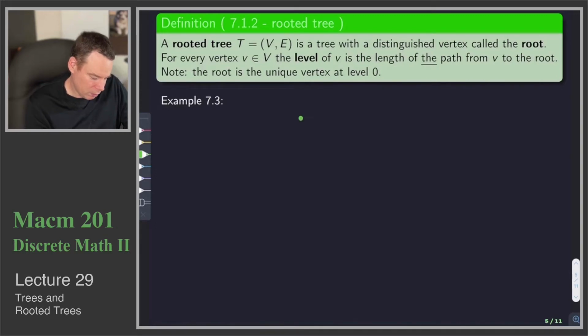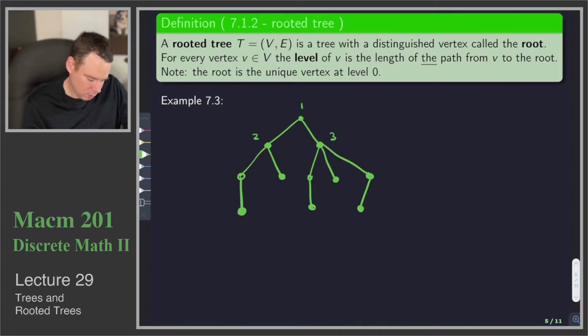As an example, let's draw a rooted tree, in this case with root 1. We'll label the vertices 1, 2, 3, 4, 5, 6, 7, 8, 9, 10, 11, 12.